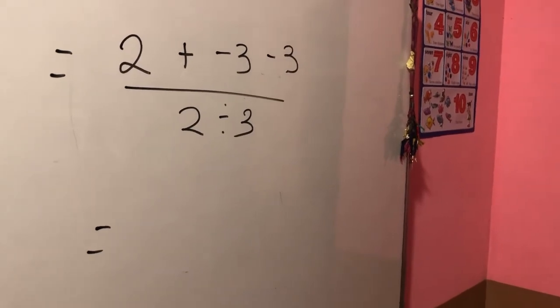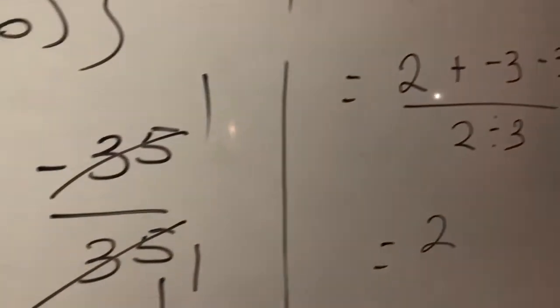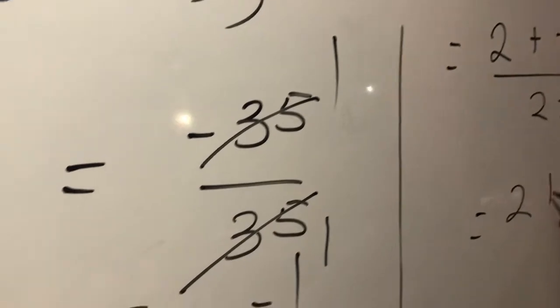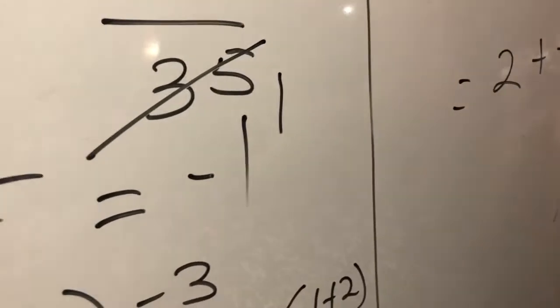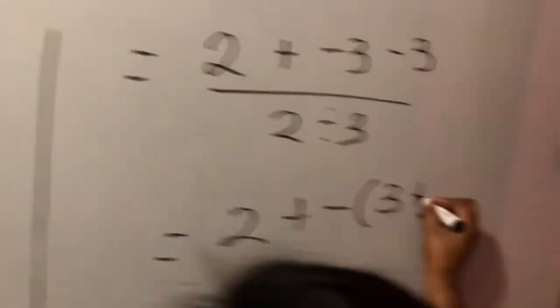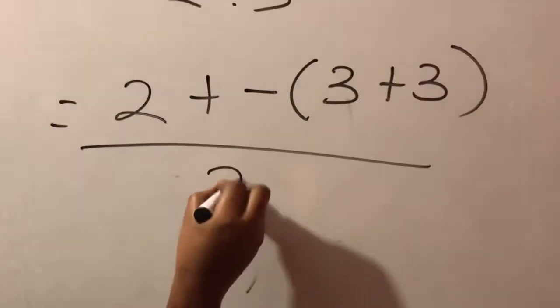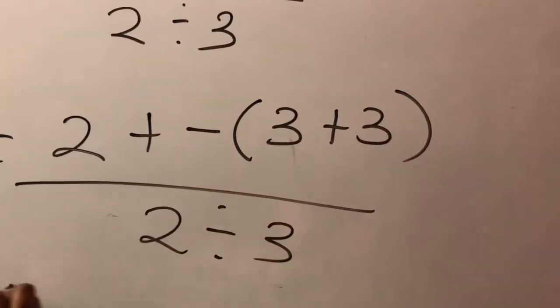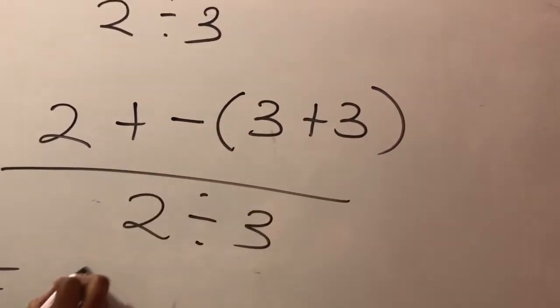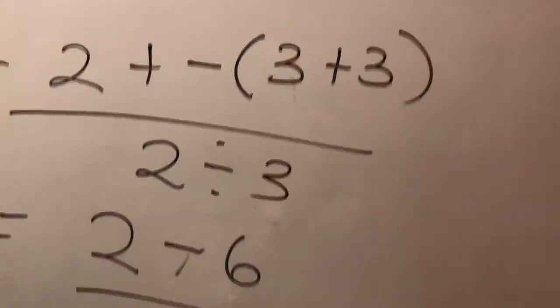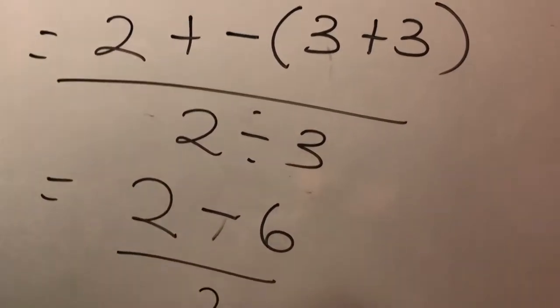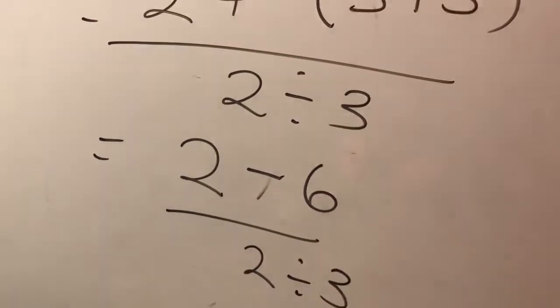We have 2, and what do we have here? Negative minus 3. So you know the negative comes out, so then we have 3 plus 3, from what we learned yesterday, right? And this one is 2 divided by 3. So you have a minus 6, so 2 minus 6 all over 2 divided by 3.